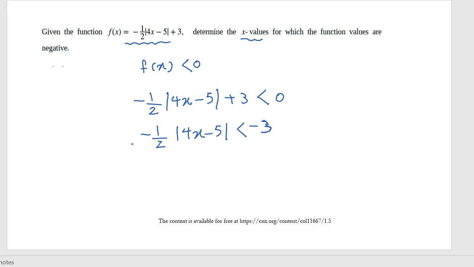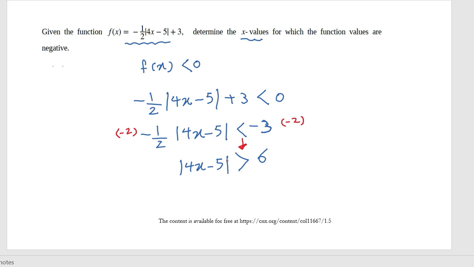Multiply both sides by negative 2. Then, because I multiplied both sides by a negative number, I changed the direction of the inequality.